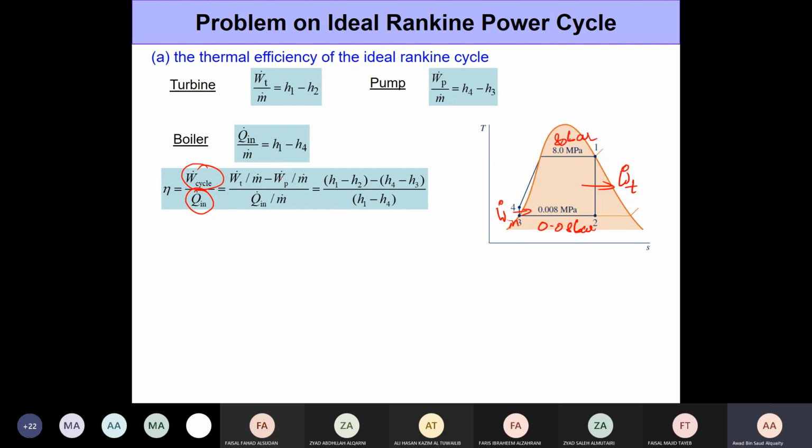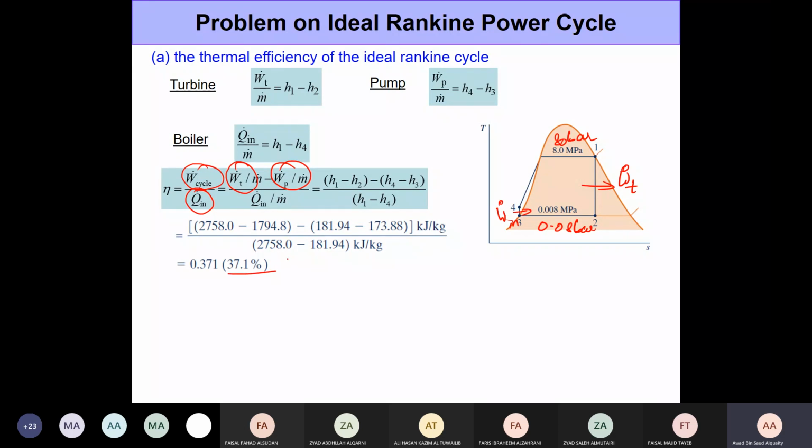So we need to consider the work input that we provide in the pump, and therefore we take the turbine work output minus pump work input divided by the heat input, and that gives you the thermal efficiency, right? We have all the enthalpies, H1 to H4, and you plug in the numbers. The only thing here was to determine these enthalpies. Once you plug in the numbers, we get an efficiency of 37.1%.